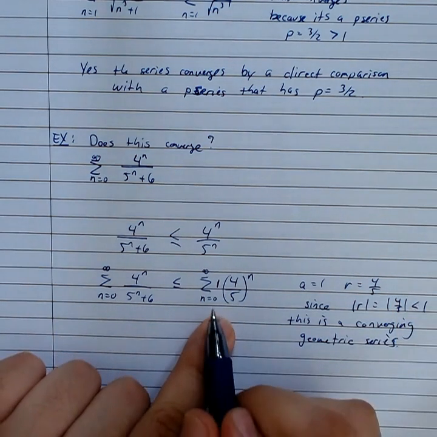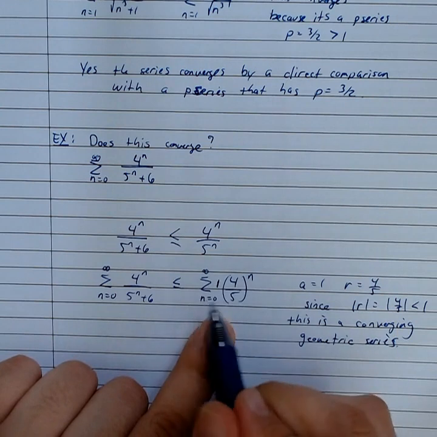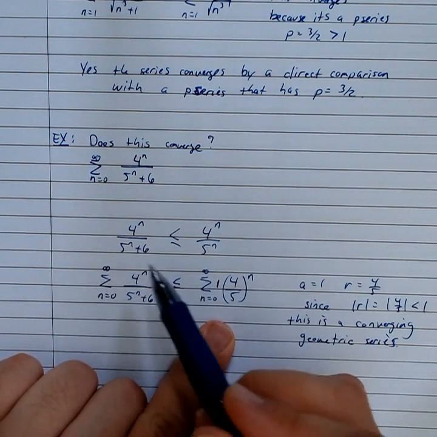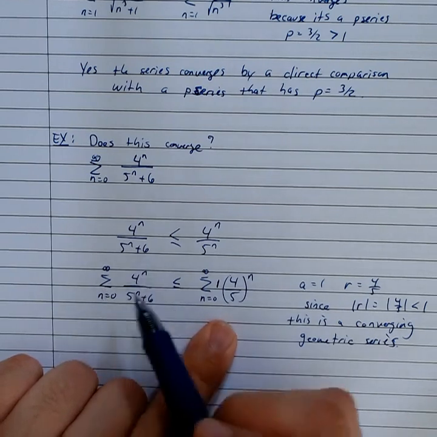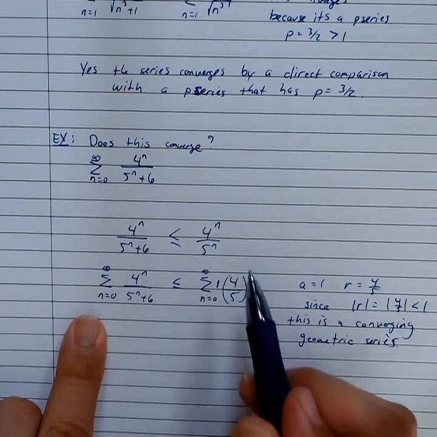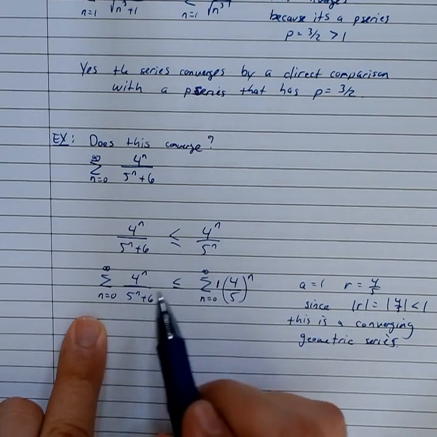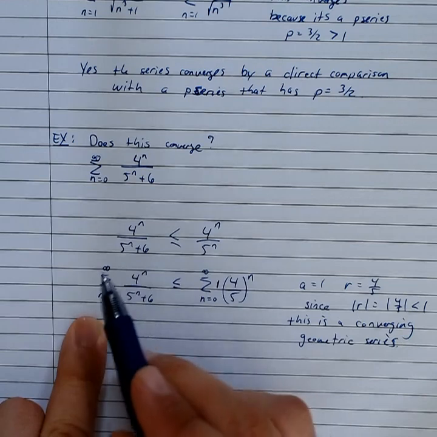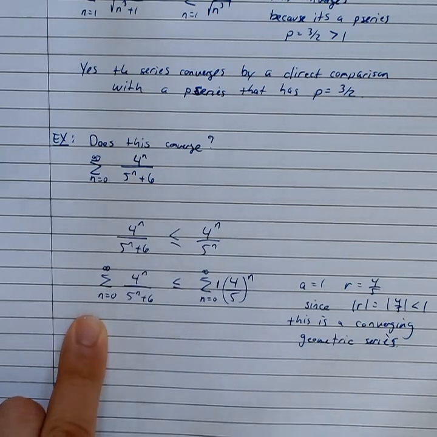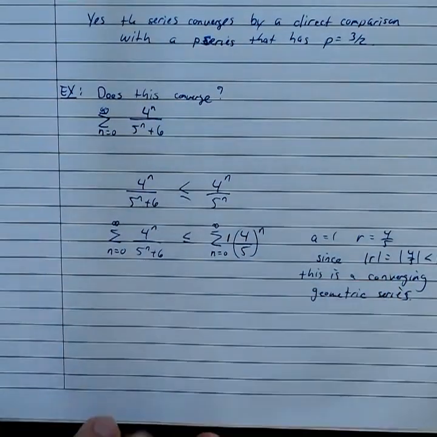But again, this thing is small enough to converge, and this thing is even smaller. So if you're smaller than something that was already small, you must be pretty small yourself. So here, if this can converge, and this is less than it term by term, then the sum of these terms must also converge. So here, does this converge?